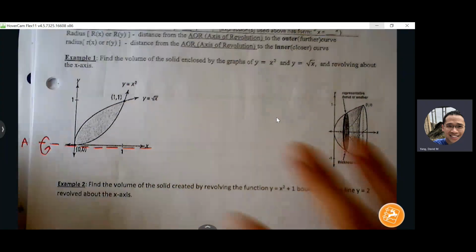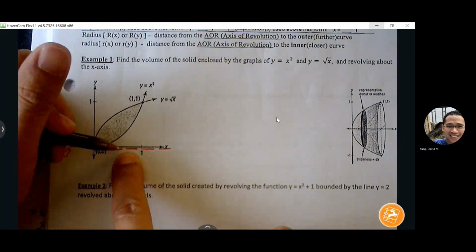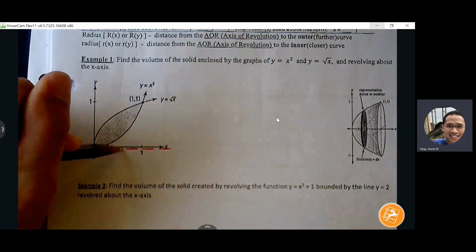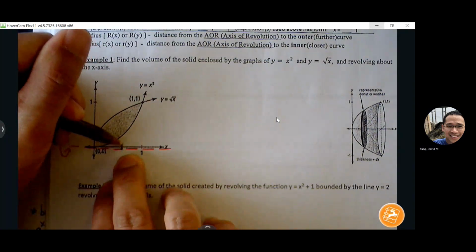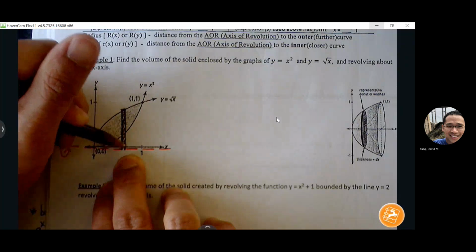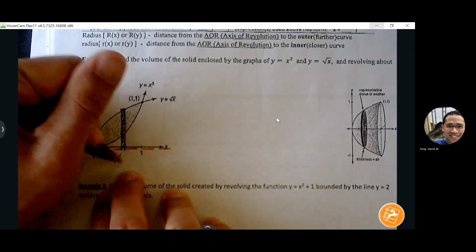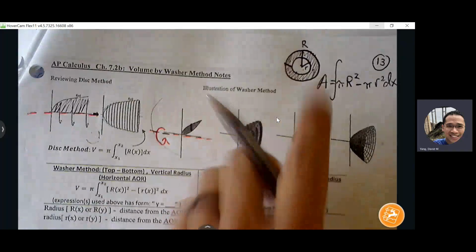So go ahead and find a spot on your dotted line, and then extend to the furthest boundary that you see. We're going to call that big R, just like the two-dimensional version of it, right?